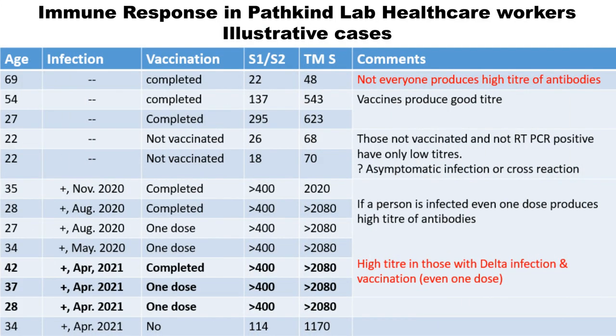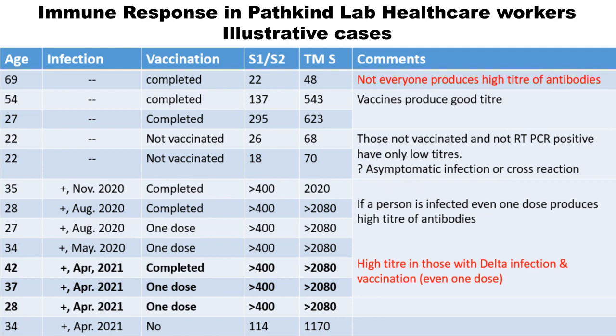When we looked at individual responses against S1, S2, and trimeric antibodies, we found that not everybody responded by producing high antibodies, especially persons in the older age group. Those who had vaccines had medium titer of antibodies.